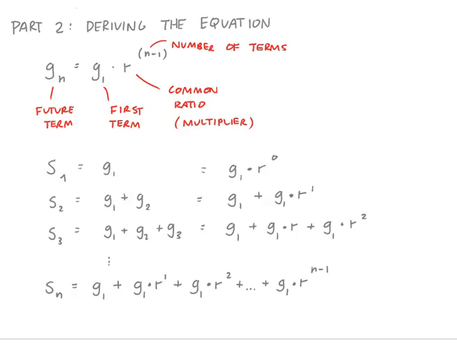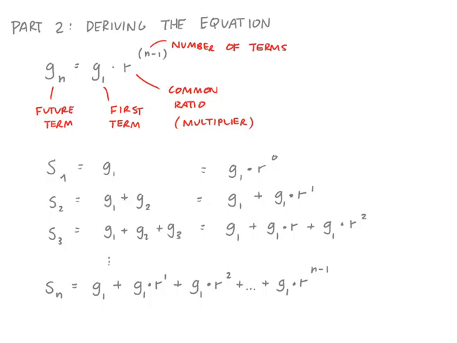And you can see we're matching this n minus 1 that I have here. And again, just to point out, S3, the final term has R squared as a multiplier. S2 has a final term with R to the first as the multiplier. And S1 has a final term of R to the 0th for the multiplier.